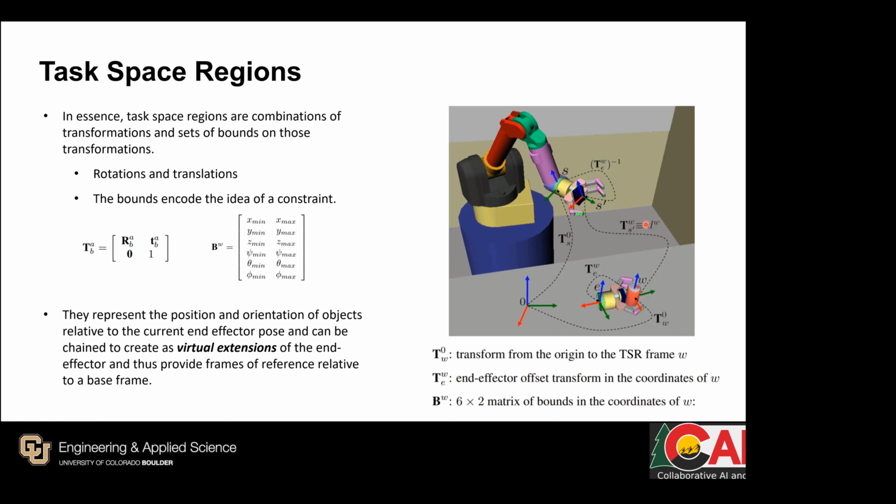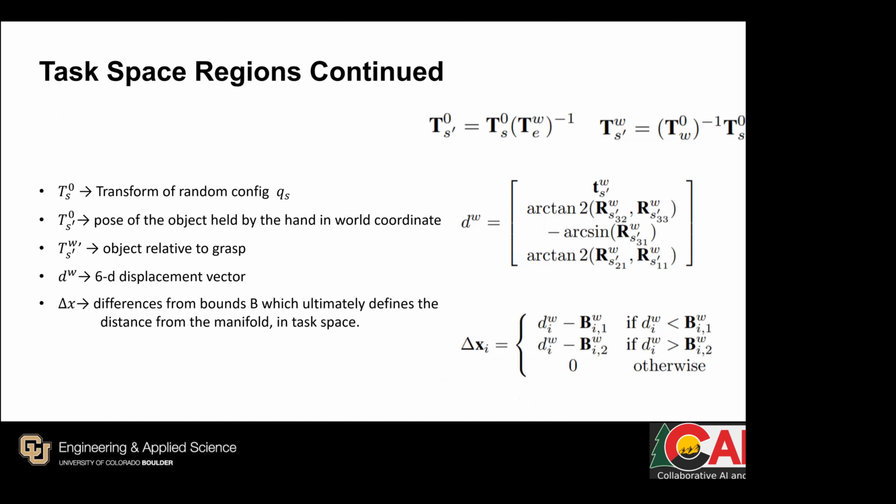That ultimately gives us a notion of a displacement away from a constraint that we can then use to create a task space error, which, as you'll see, becomes very important in the projection step for the constrained motion planning that this paper uses.